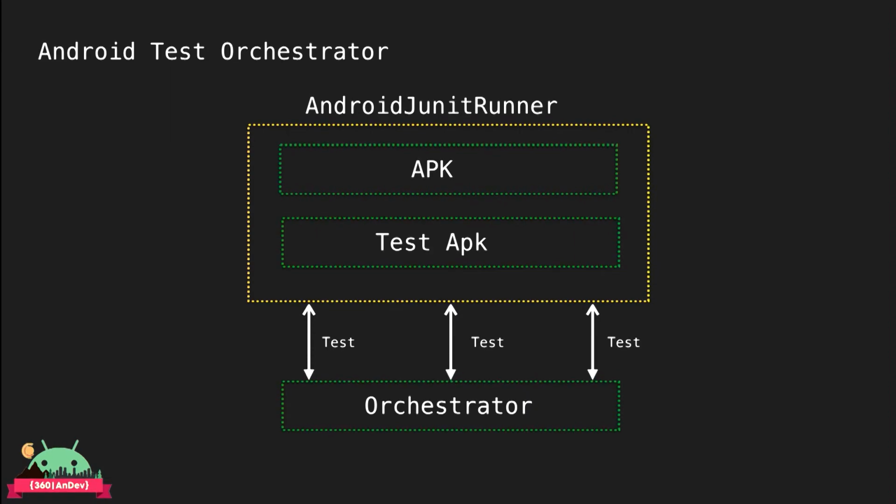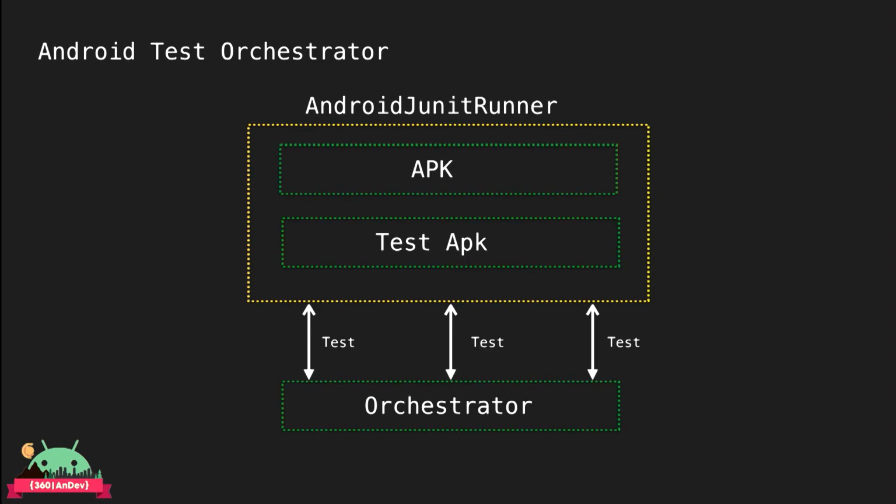So you are not going to use the instrumentation through the JUnit runner. You're going to instrument through the Orchestrator. And the Orchestrator is going to run the tests one by one, each in a single instance of the Android JUnit runner.